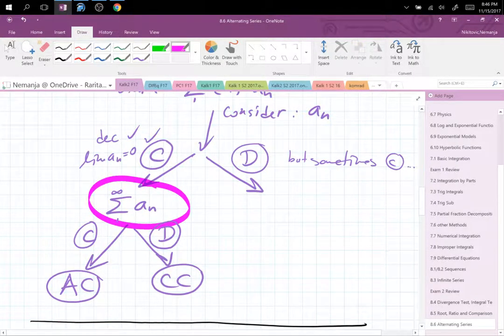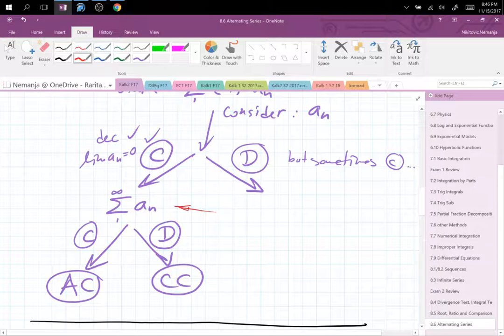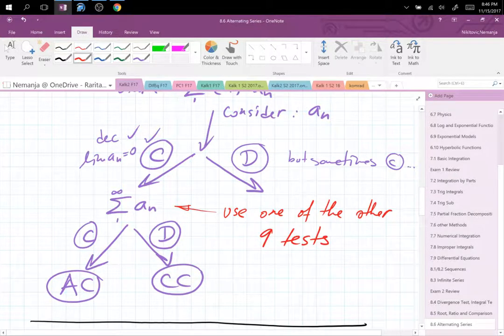And that part, you are using one of the previous 9 tests. So I'm going to point with red into this and say, use one of the other 9 tests, because that's what solves it. So one of the 9 tests will give you either this or that, and then you have absolute or conditional. That's it.